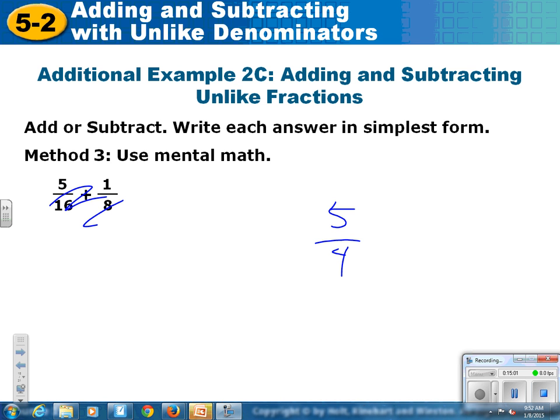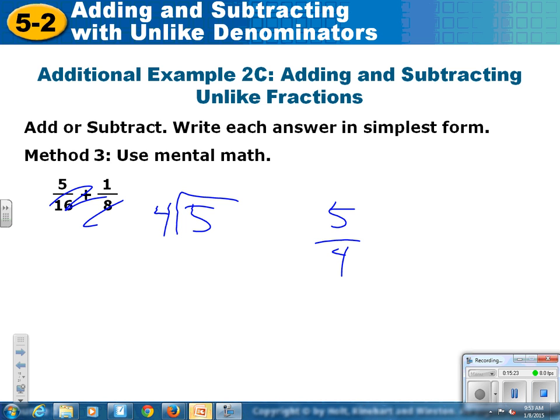What is this called? This is called an improper fraction. How do you make an improper fraction a mixed number? I divide. This is a division problem. 5 divided by 4. Remember this from before break?